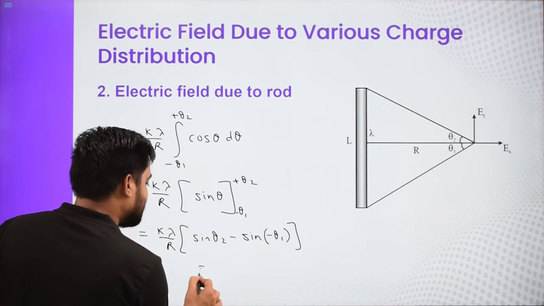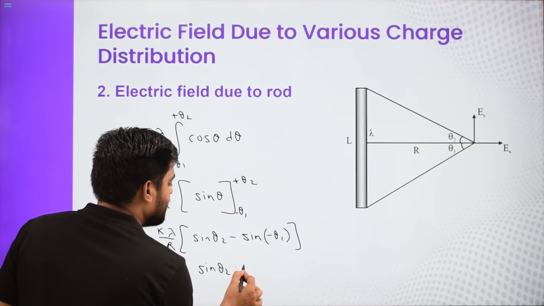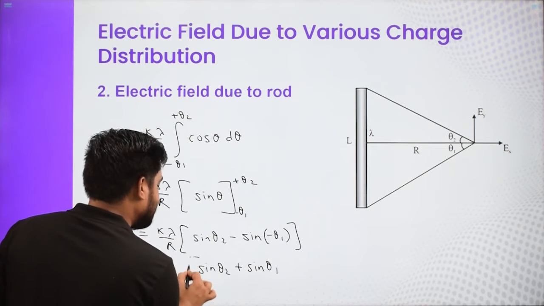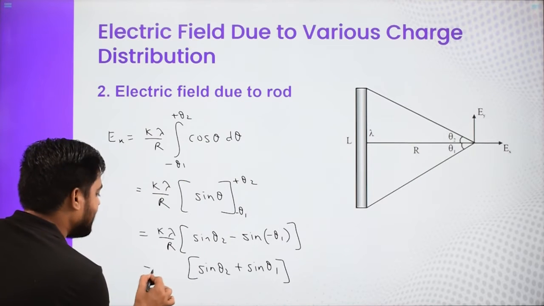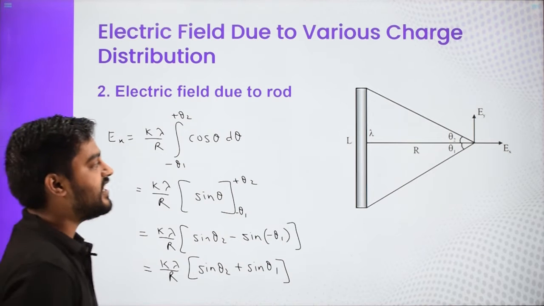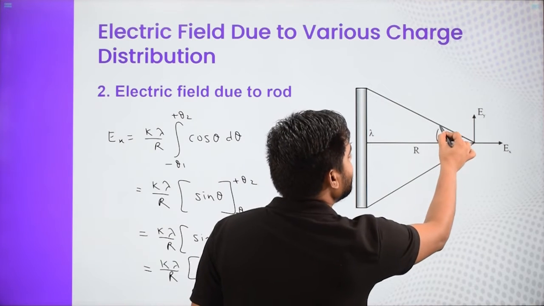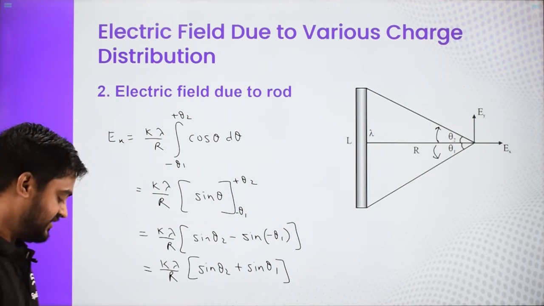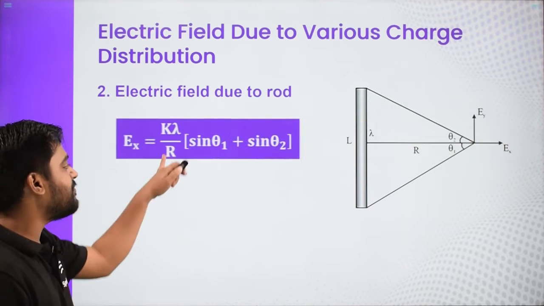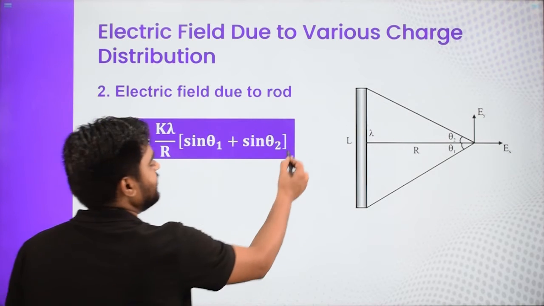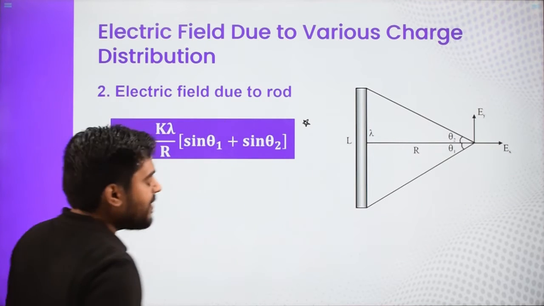So eventually it adds up and we get k lambda by r, sine theta 1 plus sine theta 2. Angles are measured this way, one angle is that way and another is this way, and this is my Ex. So finally the formula is k lambda by r, sine theta 2 plus sine theta 1. Let us discuss Ey as well.